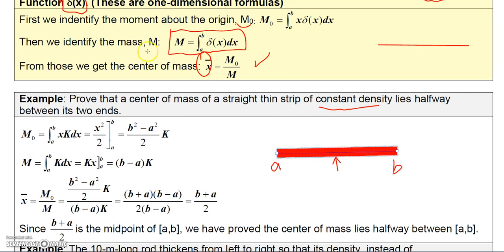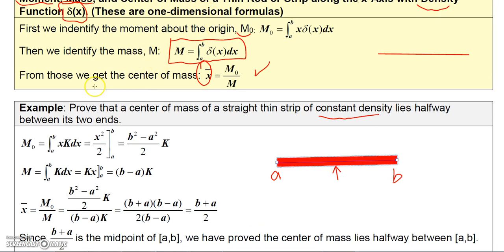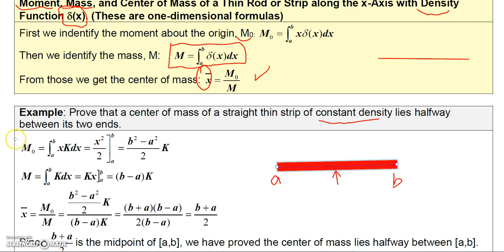Going back to what we learned up here for a one-dimensional center of mass, the first thing we have to do is find the moment about the origin. You integrate from A to B, x times the density function. Since the density function is constant, I'm going to let k represent it.